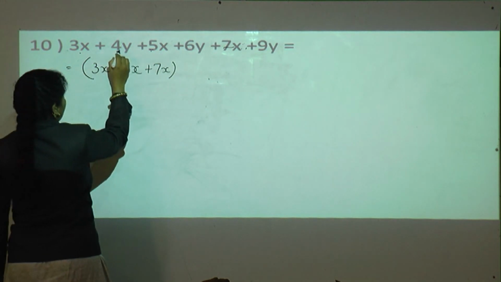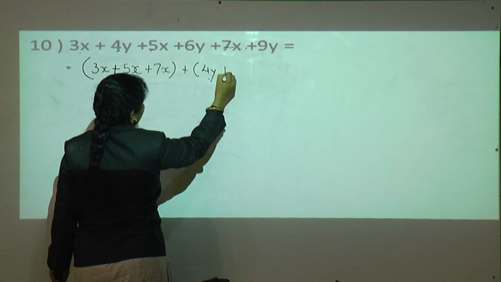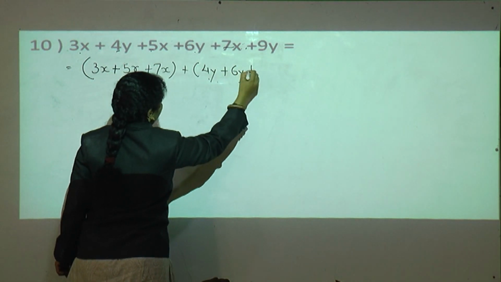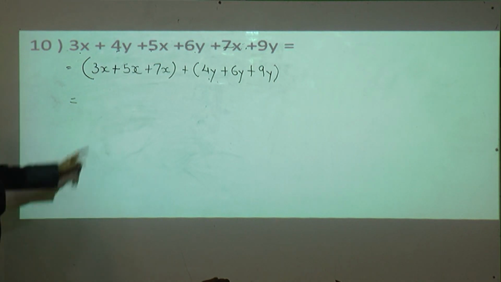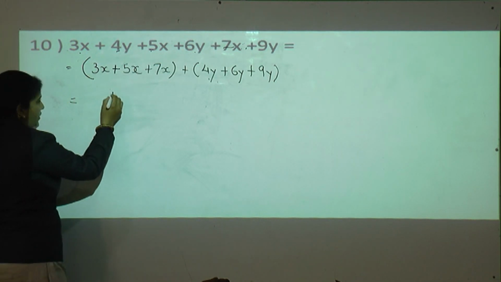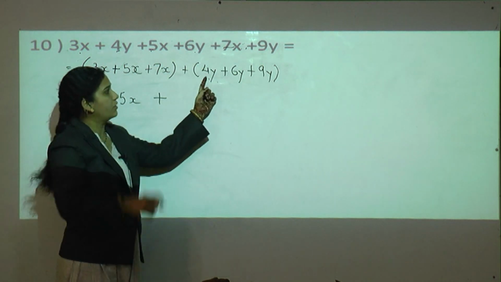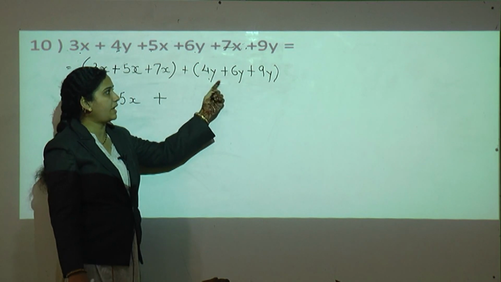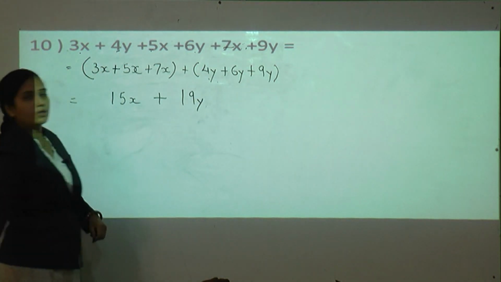Here plus 4y plus 6y plus 9y. Solve it students. 3 plus 5, 8. 8 plus 7, very good, 15x. And here also 6 plus 4, 10. 10 plus 9, 19y. Understood?